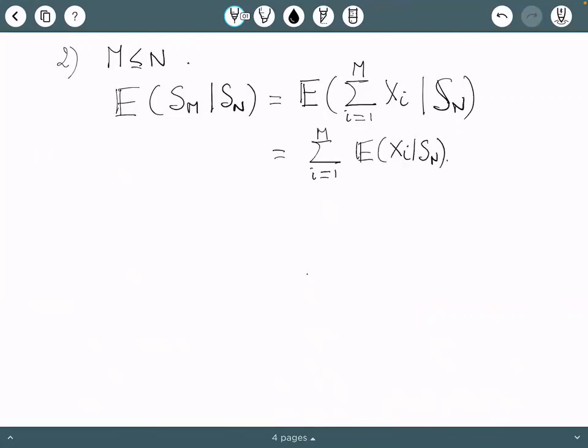Since i is less than n, we have seen previously that this conditional expectation is independent of i and just given by Sn divided by n. So at the end, we get just m divided by n times Sn. Not difficult.